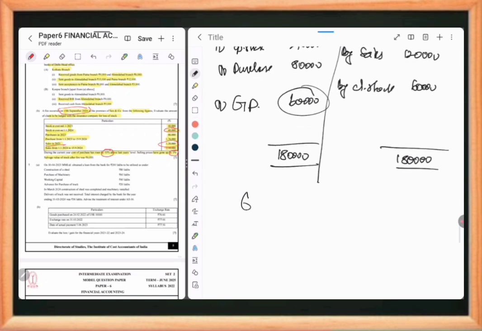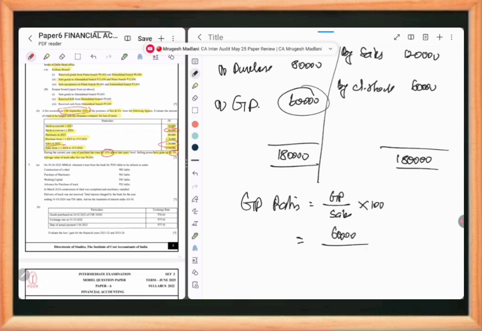So gross profit ratio is GP by sales into 100. GP 60,000, sales 1,20,000 into 100, that means 60,000 divided by 1,20,000 into 100, which is 50%.